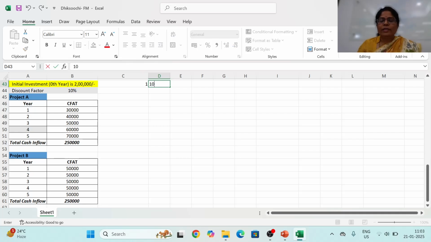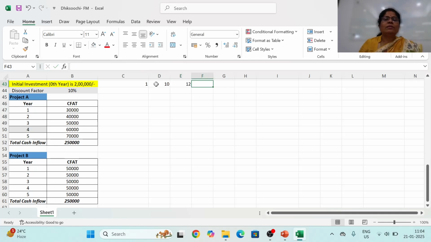If you think it is declining by 12%, then it is 12%. Likewise, whatever decline you expect for the next year will be considered as the discount factor. So we need this additional information, the discount factor, for NPV.